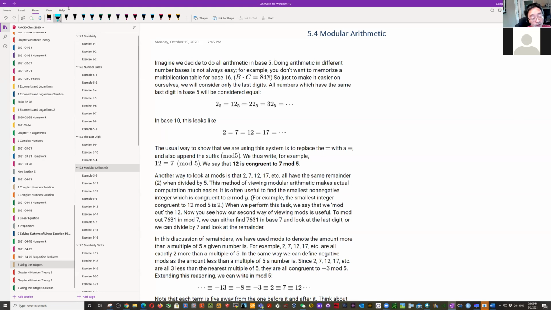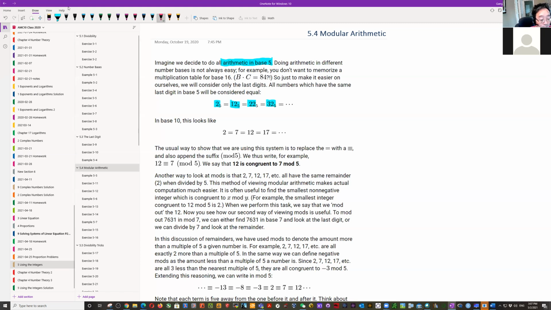Why modular math? You would ask the question, because we talk about different number bases. For example, if we do all arithmetic in base 5, then we will find that the last digit could be the same. For example, 2 base 5, 12 base 5, 22 base 5, 32 base 5, they all end with 2.